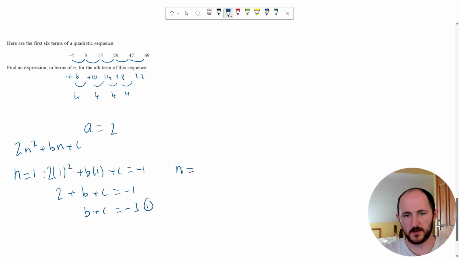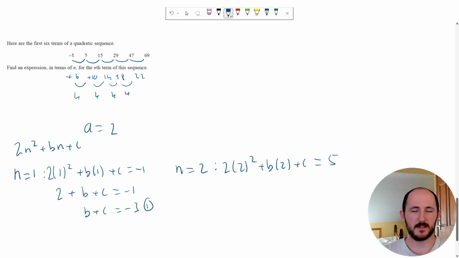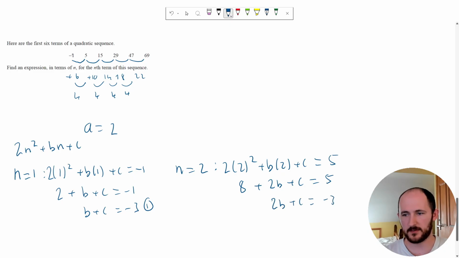Then when n equals 2, we should get 5, but before that we get 2 times 2 squared plus b times 2 plus c equals 5. 2 squared is 4, times 2 should be 8, plus 2b plus c equals 5. Subtract 8 from both sides, we get 2b plus c equals negative 3.